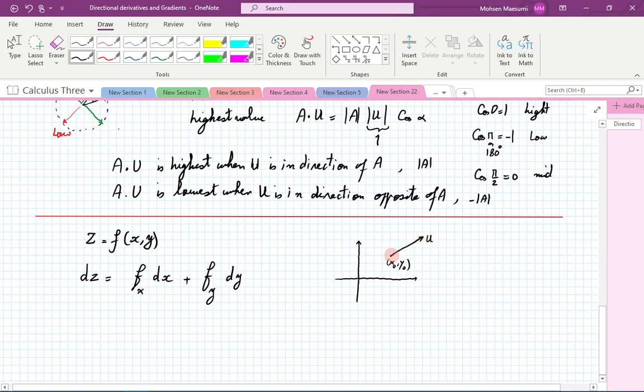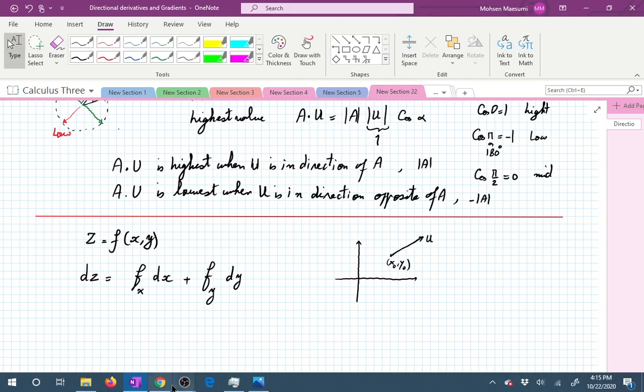That's a unit vector u that tells me in what direction I'm traveling, and along this vector I want to know how z is going to change. The rate of change of z as I take my steps in the u direction is exactly what is meant by the directional derivative of f in the direction of u.